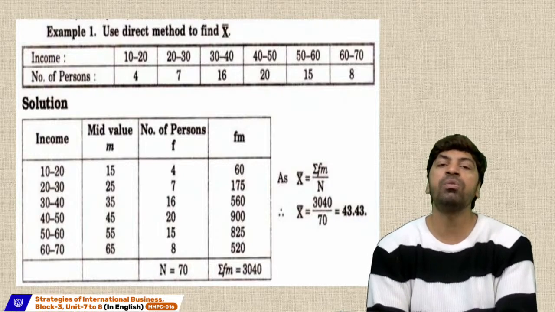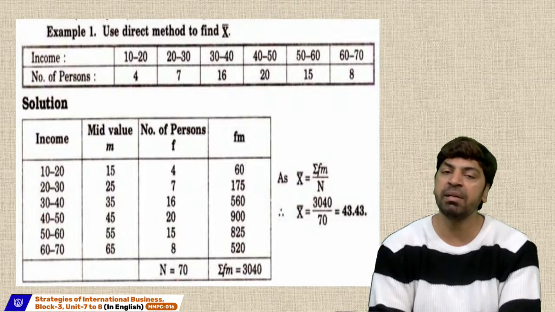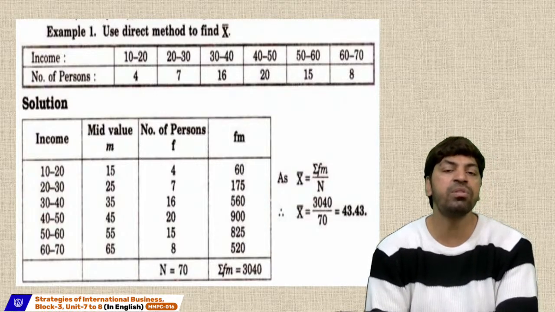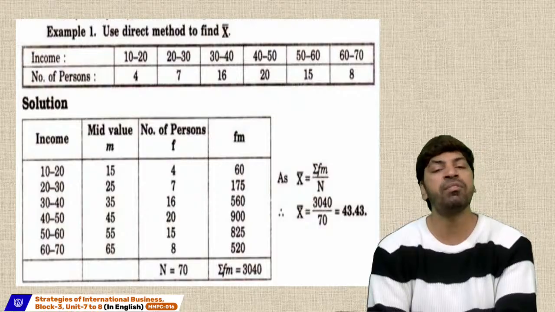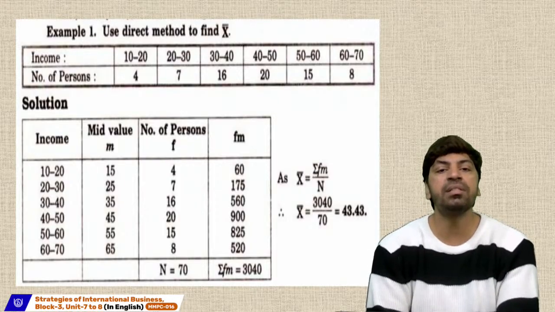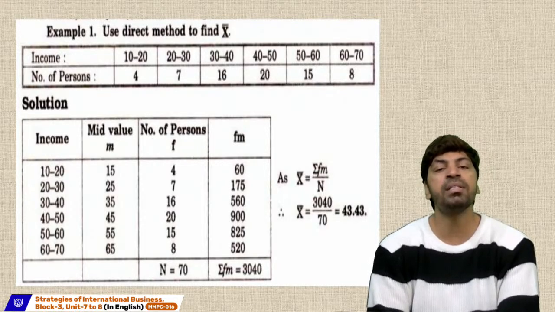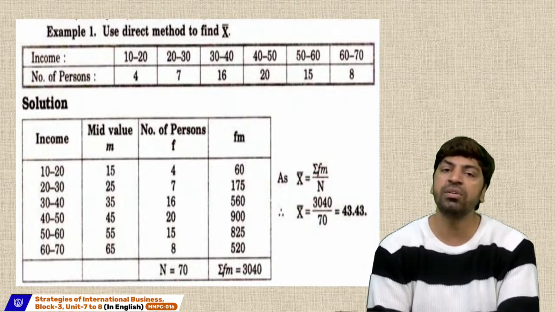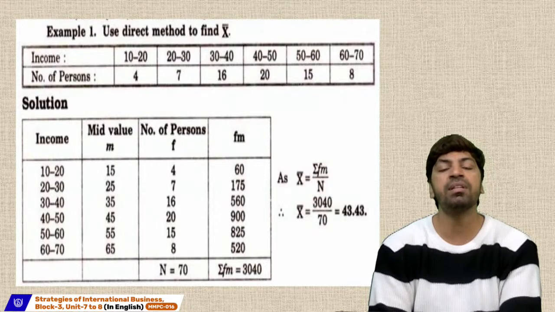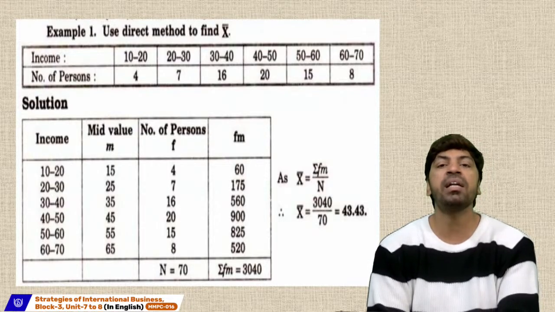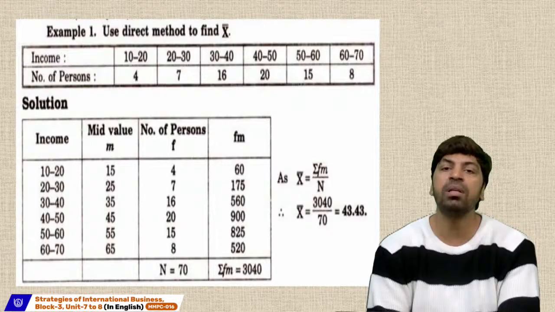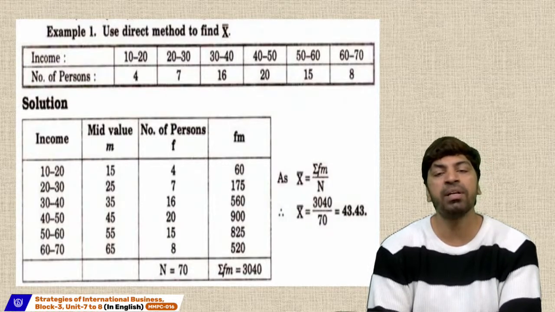Sigma fm we can easily get by adding up all the values of the fm column, and it reaches 3040. So sigma fm is equal to 3040 by N, that is sigma f, which is 70, which is equal to 43.43.